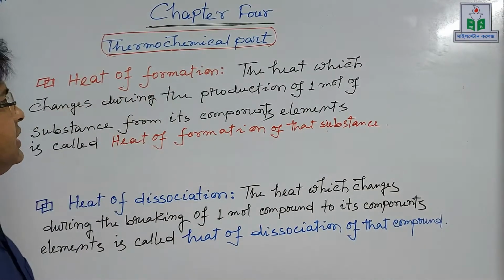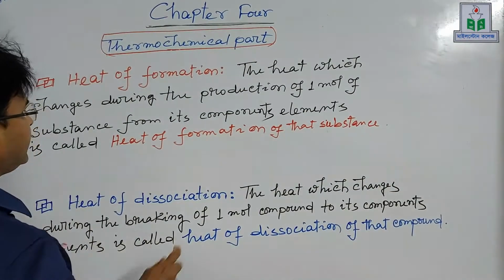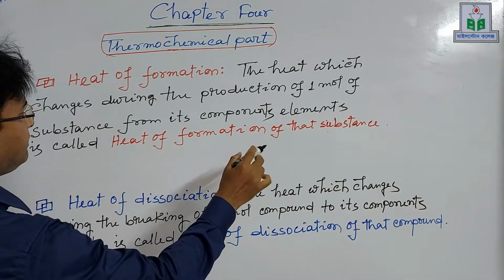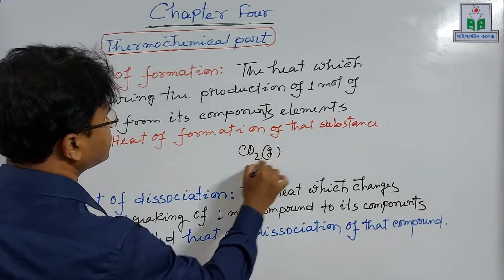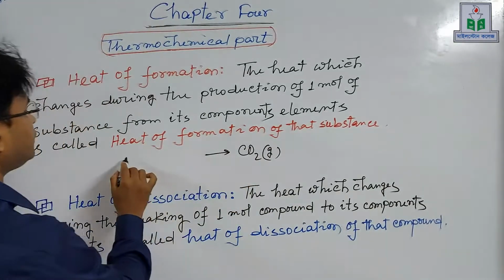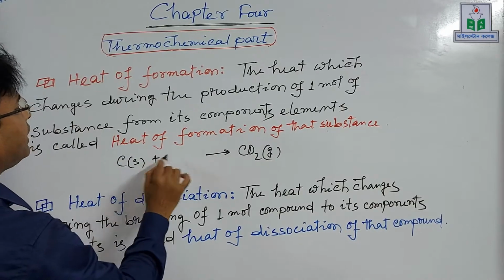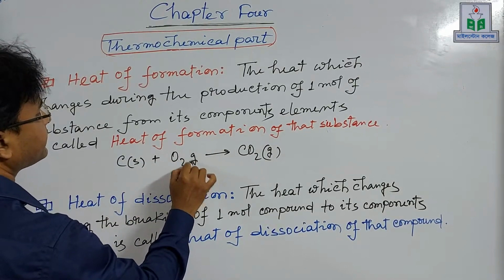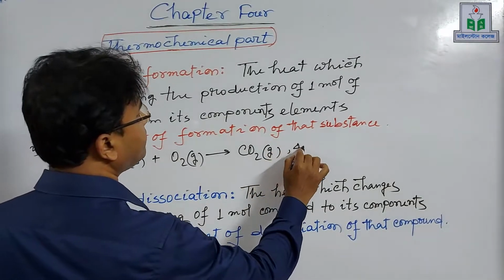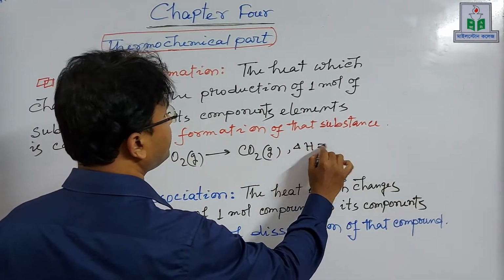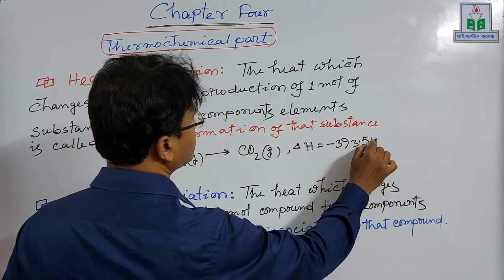Heat of formation. Dear students, already I have shown you a reaction, production of carbon dioxide gas. Carbon dioxide gas is produced by the direct reaction of its component elements, carbon and oxygen, and in this case the change of heat is minus 393.5 kilojoule.